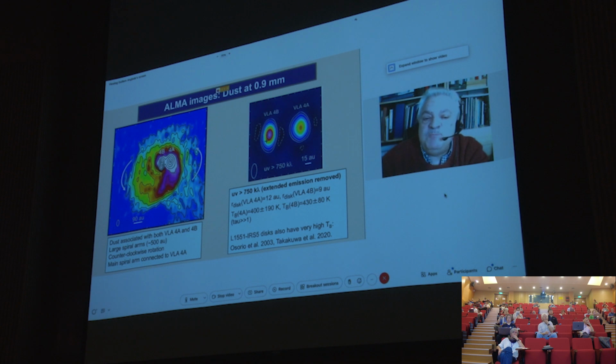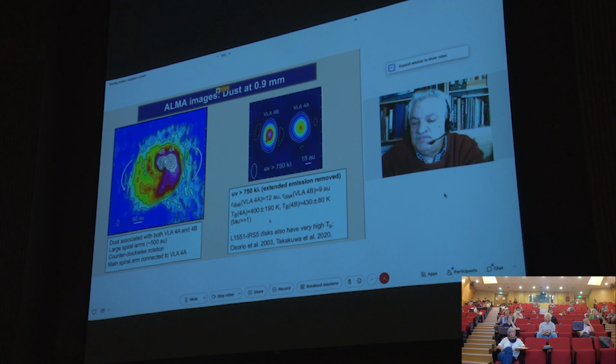Removing the extended emission, which traces at least 2 spiral arms, maybe a third one, we see that these have sizes of the order of 10 astronomical units in radius.